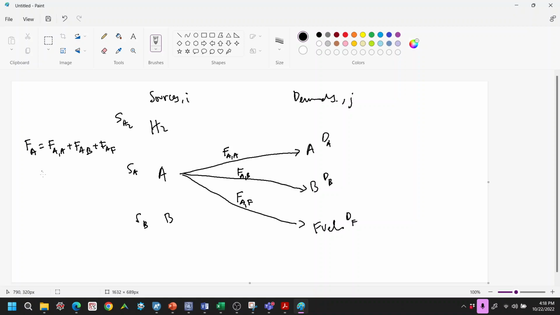So you can then say all of this is the summation of F A to J, from J equals 1, or you can just put J here. All of these three, A to J, because this demand is then J. dA is then dJ equals to A.